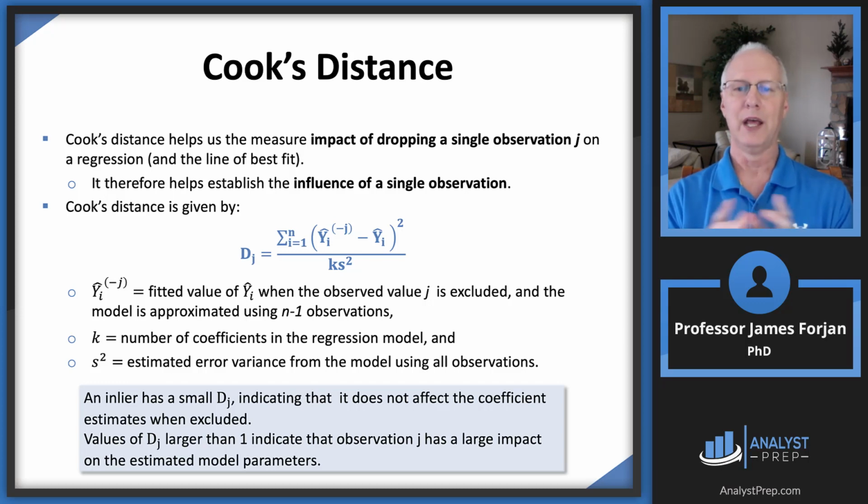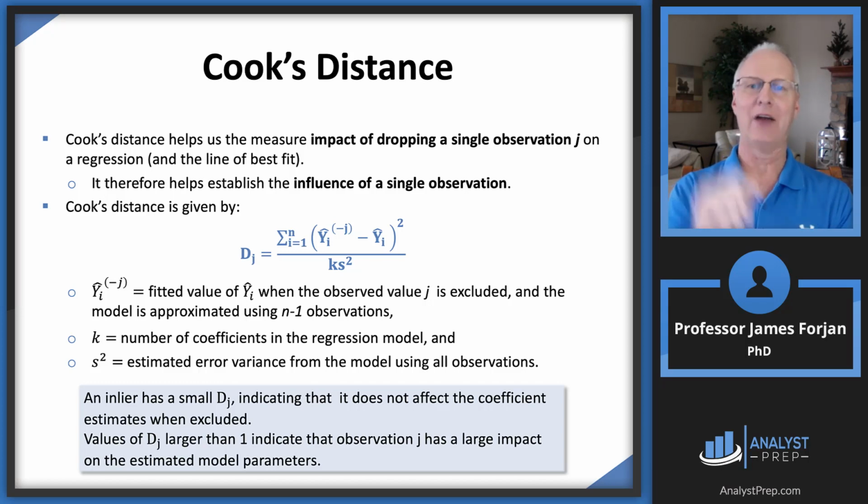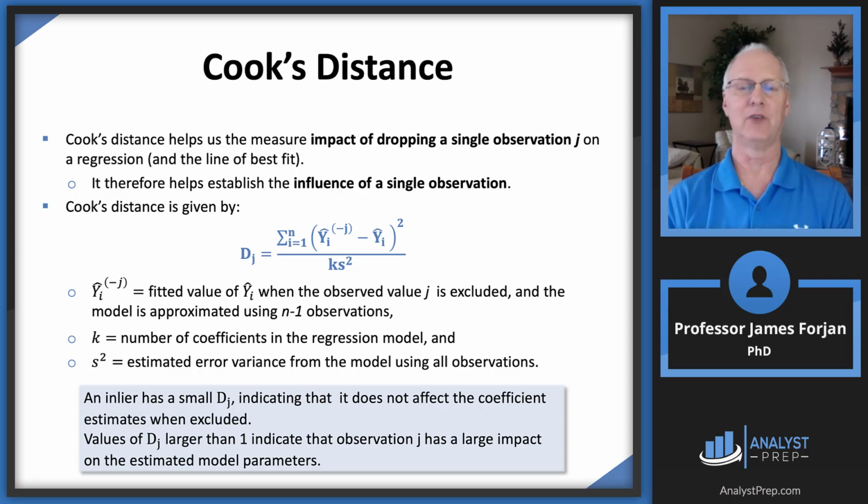What we're doing is we're squaring a distance, right? So we always square things to get rid of the negative. So what are we doing? We're squaring the distance between our regular y hat, which is the output from the estimated model, and the y hat raised to the minus j, that's when the value of j is excluded.